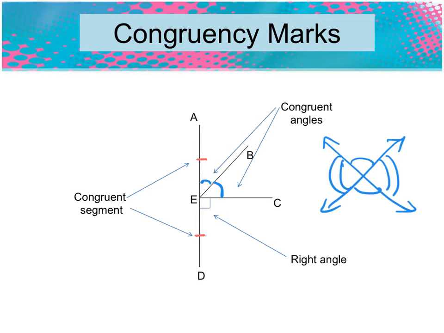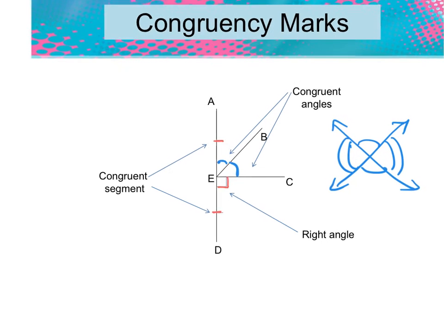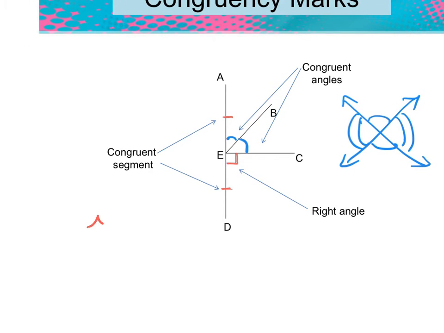This marking is also an indicator that something's a right angle. If you have a picture and they say, classify this angle, just a picture like this would not be enough information because we don't know if this is exactly 90 or if it's 89 or 91.